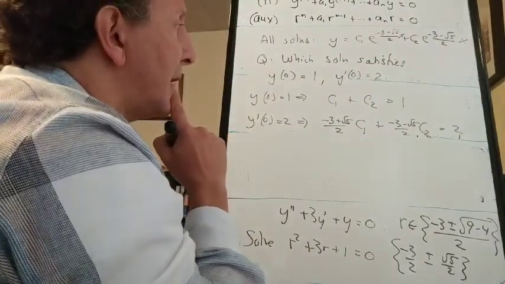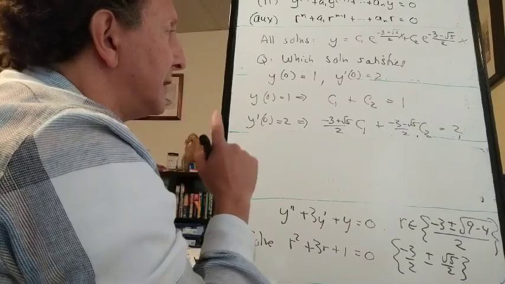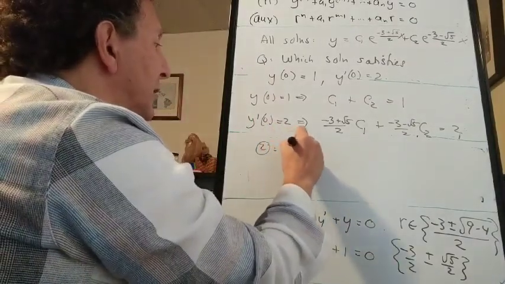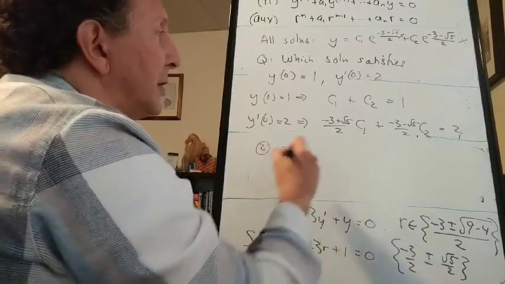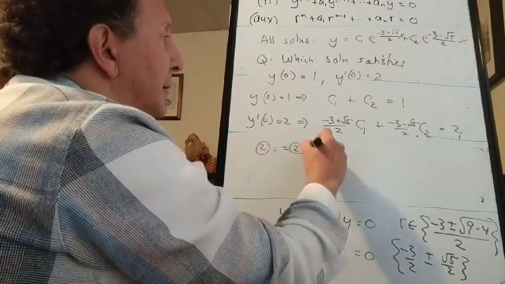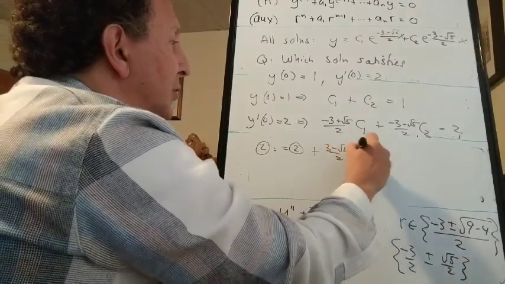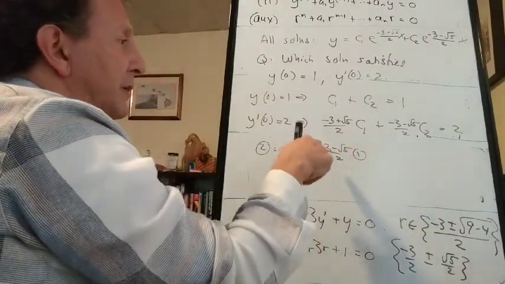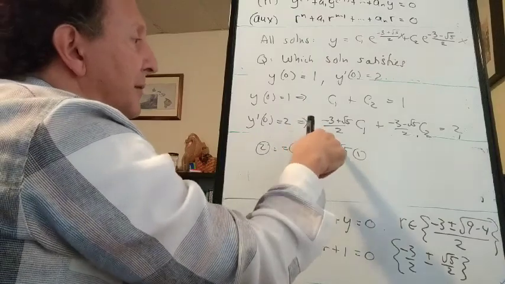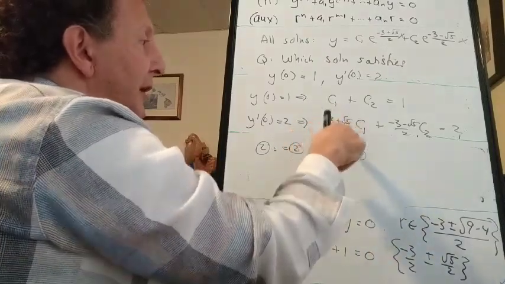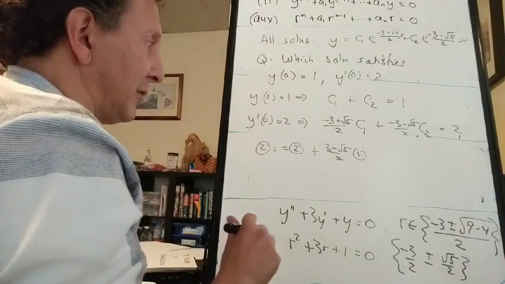So now I guess we'll have to do row operations. Let's see, row 2 becomes row 2 plus 3 minus root 5 over 2 times row 1. Because if we do that, then the minus 3 and 3 will cancel, the root 5 and minus root 5 will cancel.